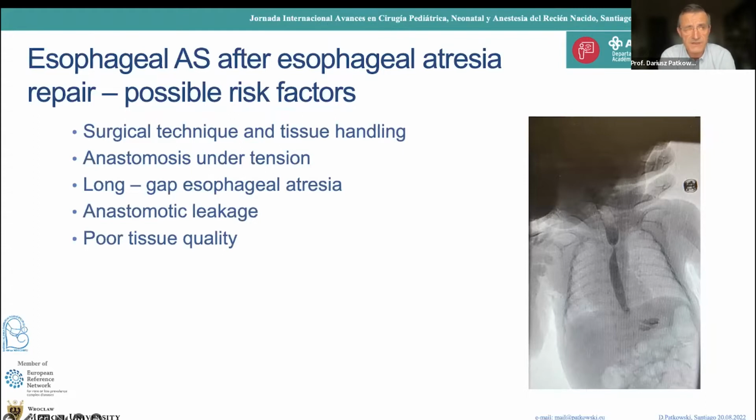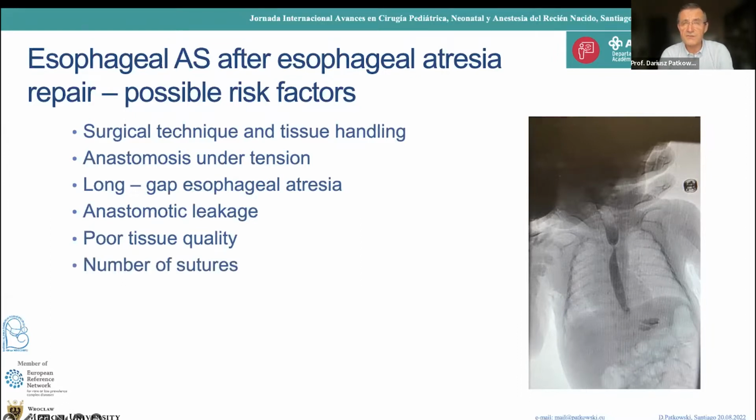And this is my observation that, for instance, for type B esophageal atresia, when there is an upper fistula, the upper pouch is usually very short and very thin. For type A, because there is no fistula, the upper pouch is very thick, very dilated, and it's usually longer.